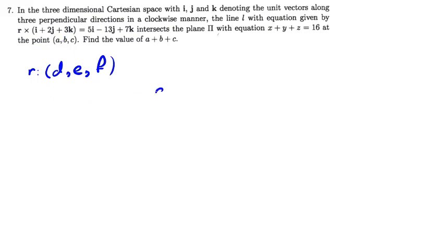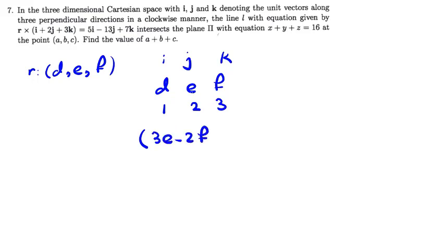So for d, e, f we write i, j, k, and the next line is 1, 2, 3. Now, if we consider the cross product, the first component will be 3e - 2f, the next is f - 3d, and the last is 2d - e.